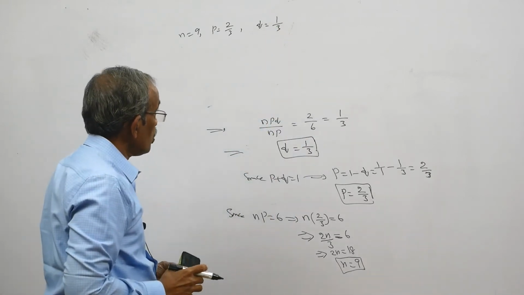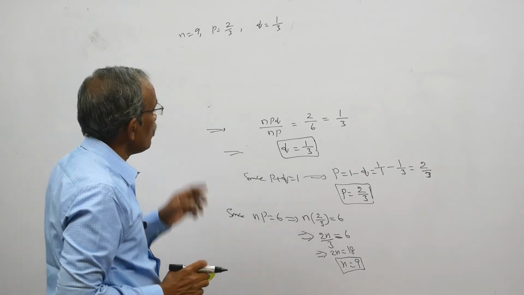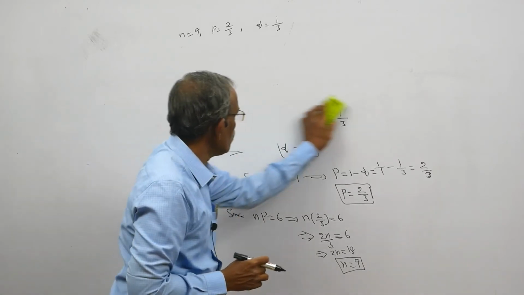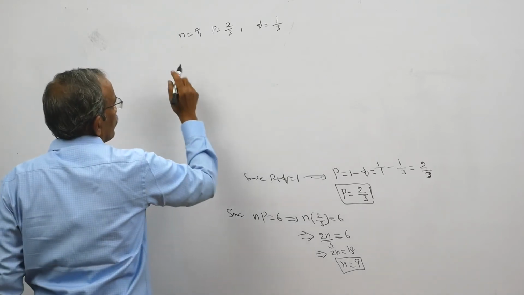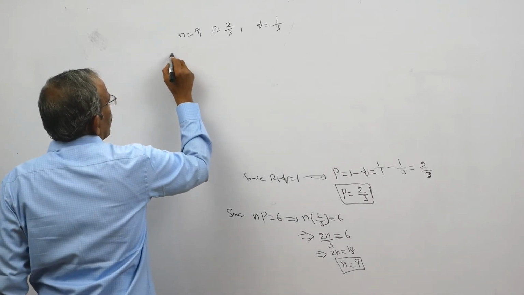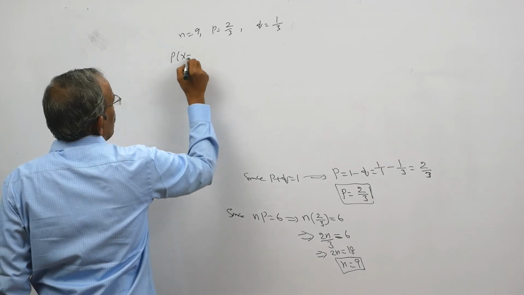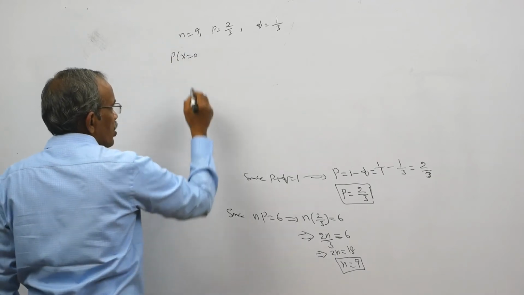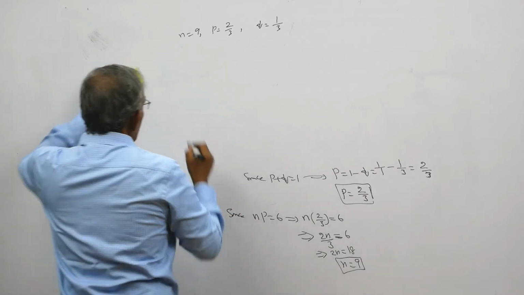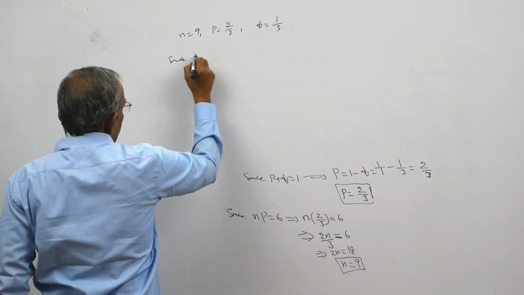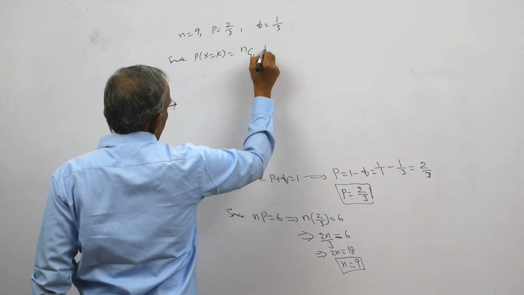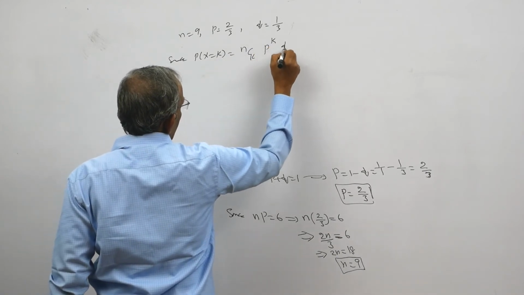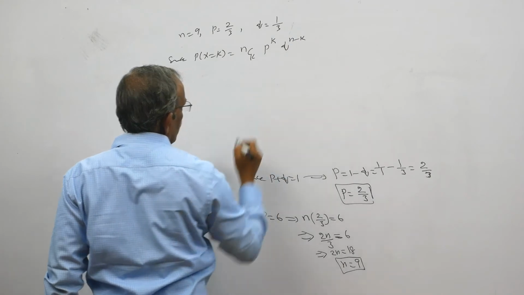Here we have to write the first two terms of the distribution. First two terms of the distribution are P of x equal to 0 and P of x equal to 1. We know that P of x equal to k is nCk p power k, q to the power of n minus k.